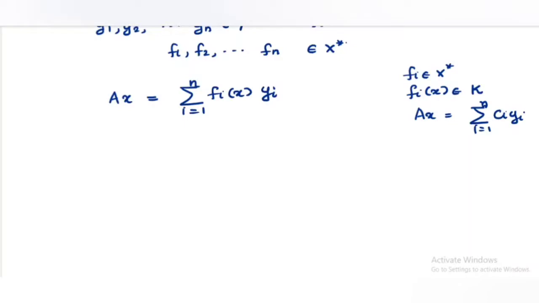Now we are going to prove A is of finite rank. Before that, we have to prove A is linear.